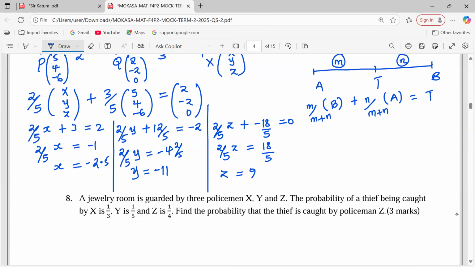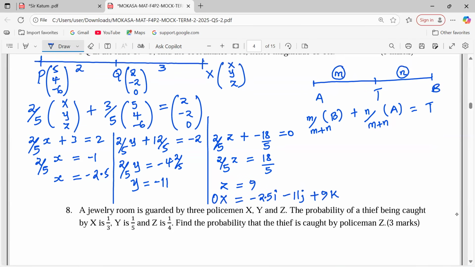So with that now we can say the position vector OX equals -2.5i minus 11j plus 9k. Now the position vector OX, to find its magnitude, we call it OX magnitude that way.